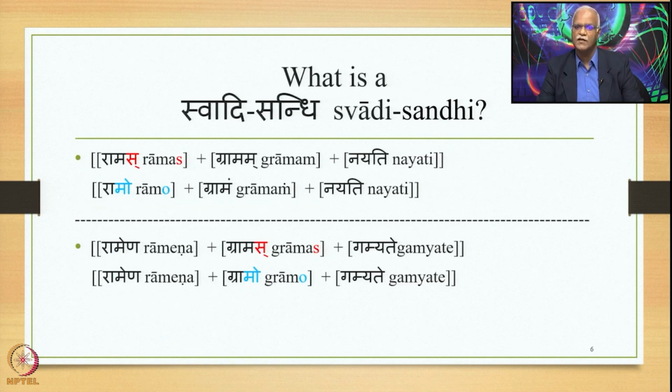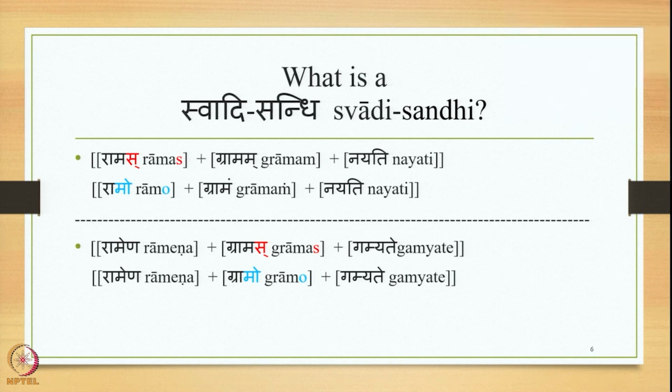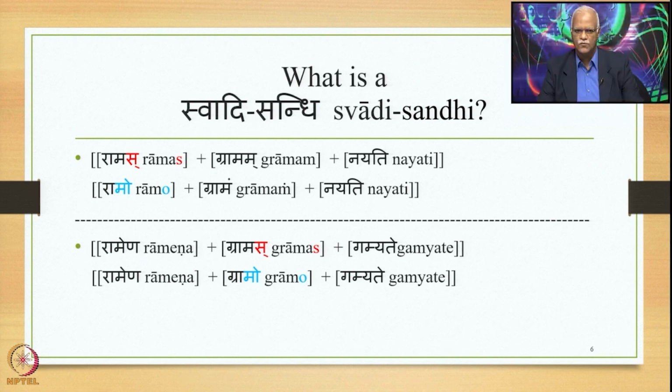So what is a Swadi sandhi once again? If you have Ramas plus Gramam plus Nayati, three padas where sa occurs at the end of the first pada followed by g in the second pada. So this sa gets substituted by ru first, then u, and u gets substituted by o, and so we have Ramo Gramam Gacchati or Nayati. Similarly, Ramena Gramas Gamyate.